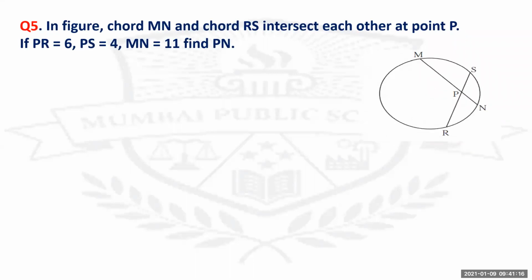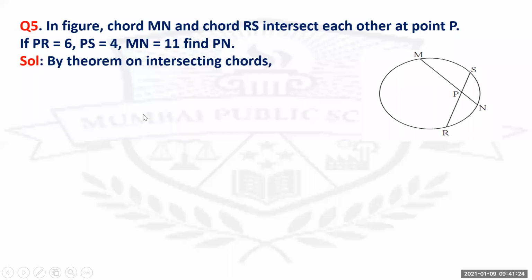Check. Now the chords are intersecting each other in the interior of the circle. So there is one property of intersecting chords. So by the theorem of intersecting chords, what will you get by this property? You'll get PN into PM equals PR into PS, the first statement.